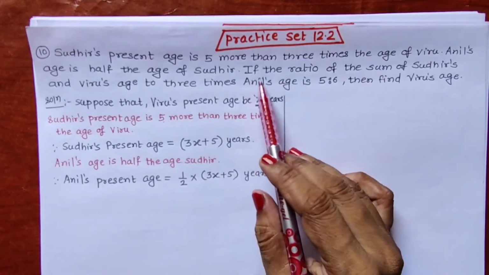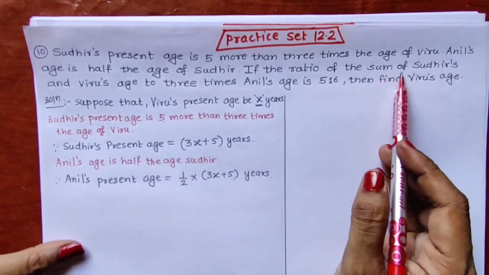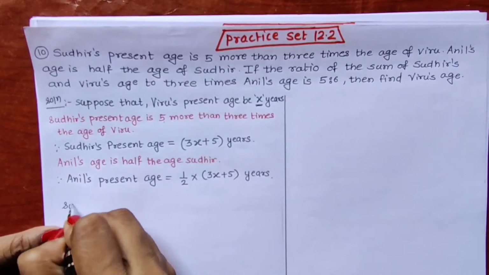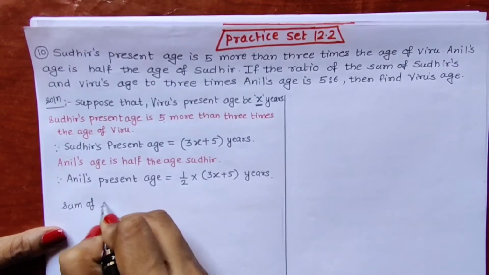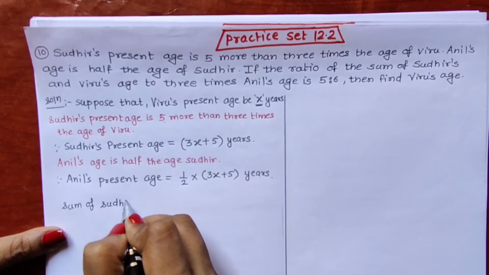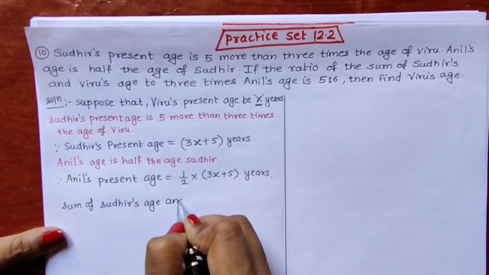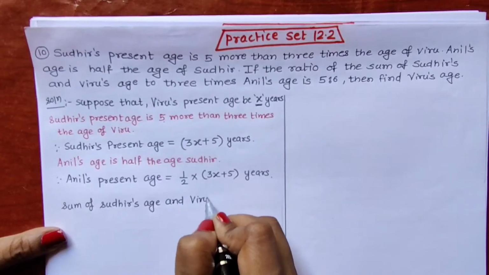Now next is the condition which is given in our question. So read the sentence carefully. If the ratio of sum of Sudhir's age and Viru's age. Let us write sum of Sudhir's age and Viru's age.